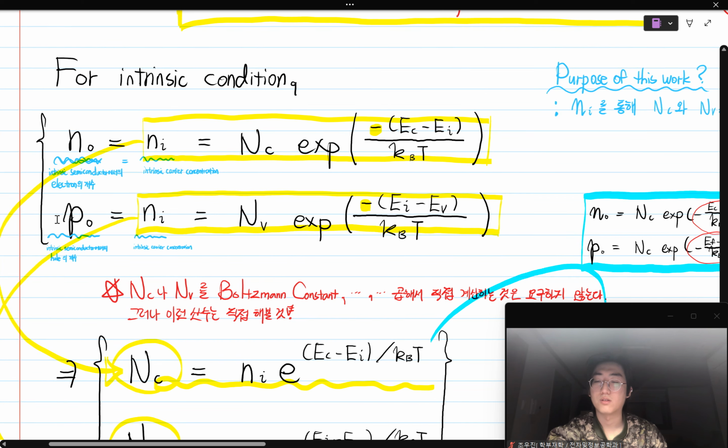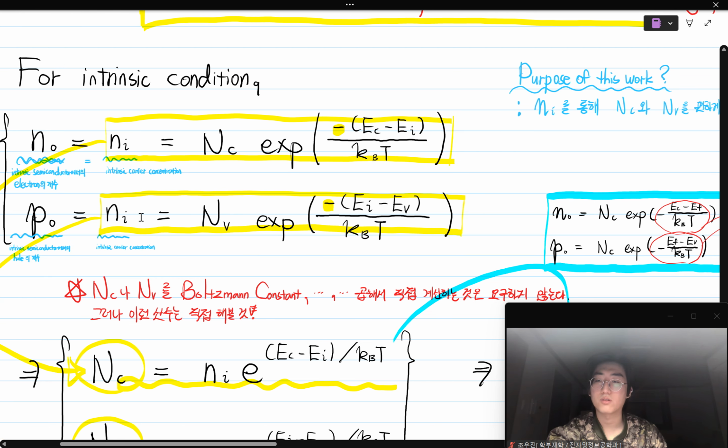Here, the number of holes in the intrinsic semiconductor equals the intrinsic carrier concentration, which can be expressed here.